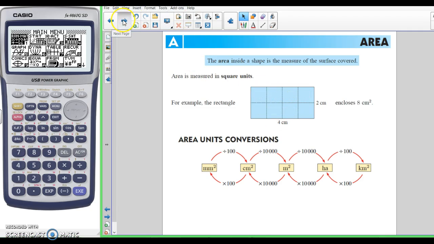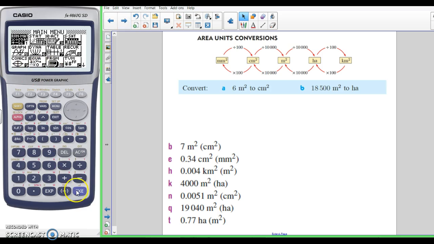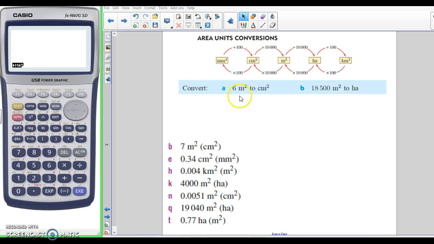So have a look at a couple of unit conversions. Now, the first one we're looking at here is converting from meters squared to centimeters squared. So the key here is to have a look at where centimeters squared are and where meters squared are. So if I'm at meters squared and I want to go back to centimeters squared, it means I need to multiply by 10,000. So what I do here is I've got 6 meters squared.